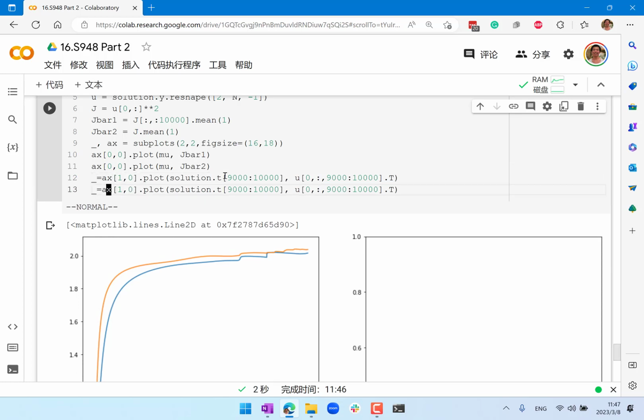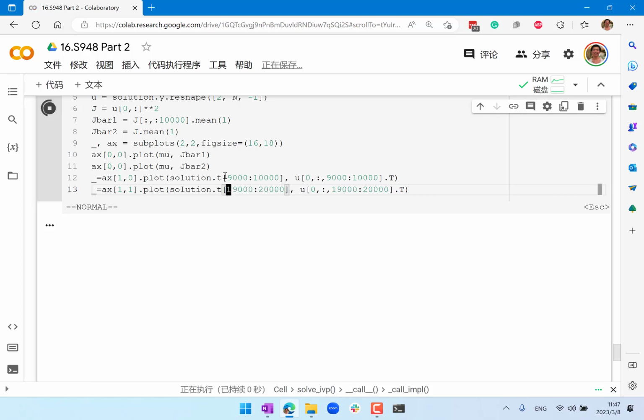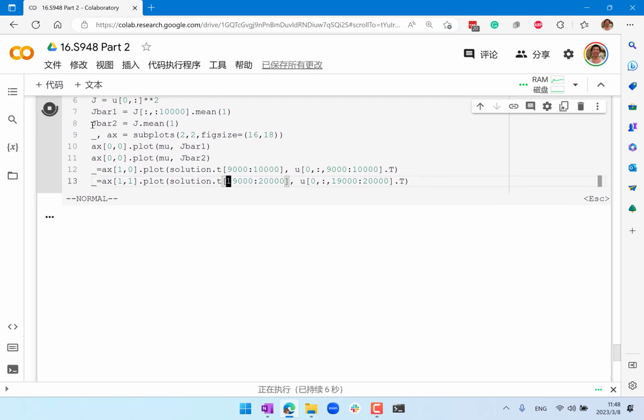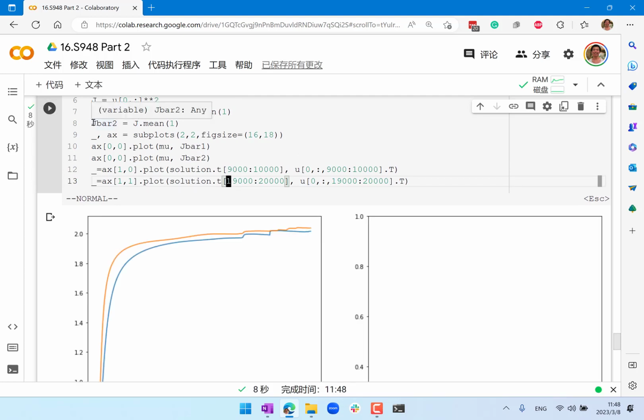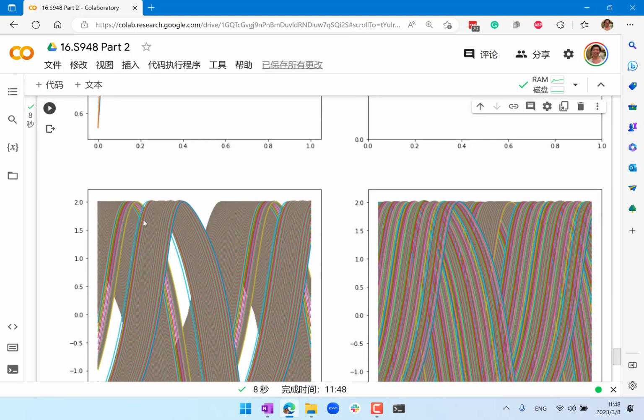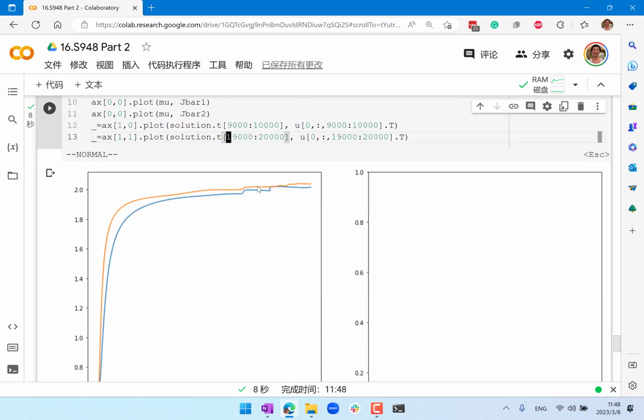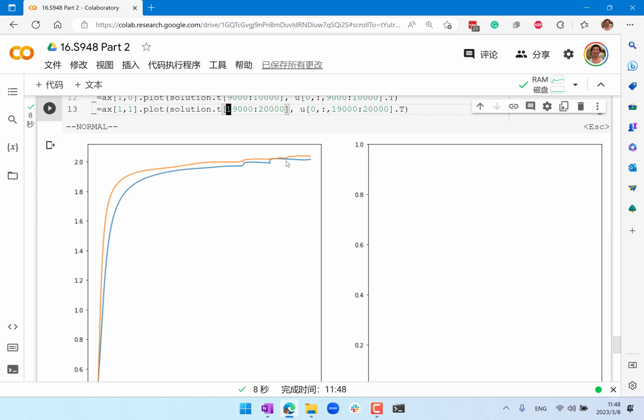If we plot the end of the longer time period, which we average into J bar 2, it would be even less correlated, right? So this is the end of the first time period, this is the end of the second time period. That decorrelation makes this objective function have a higher frequency oscillation, even though the magnitude of the oscillation becomes smaller.